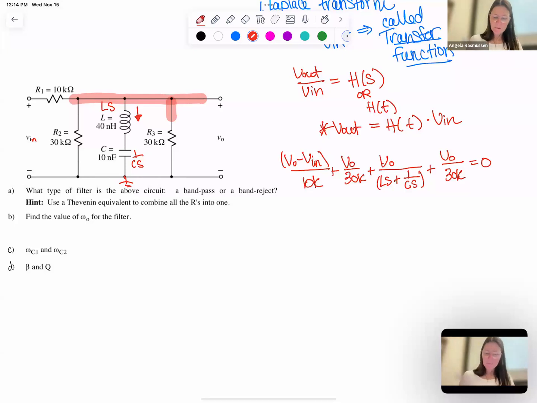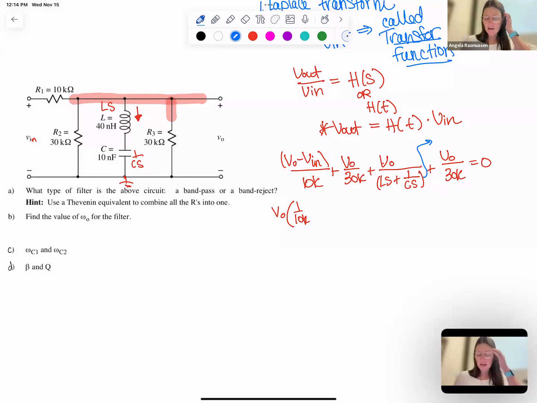Okay, so now lump the VOs together. So I have 1 over 10K. I'm going to do a little side here. If I combine this with both of them to have CS on the bottom, then this is going to be LCS squared plus 1 over CS, and this will be 1 over 30K, and then I flip the CS to the top.